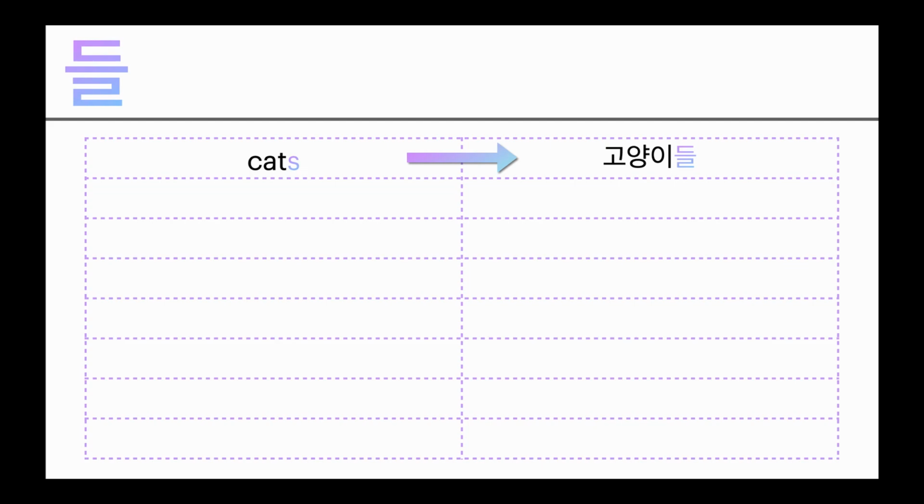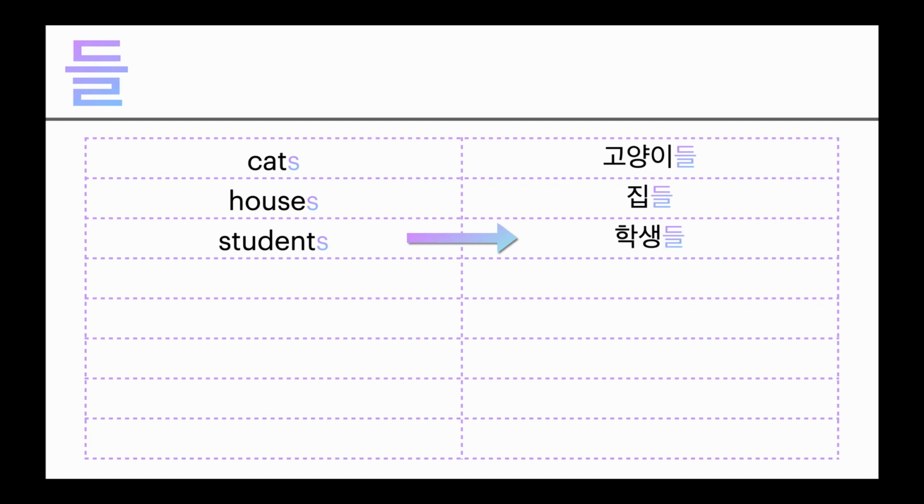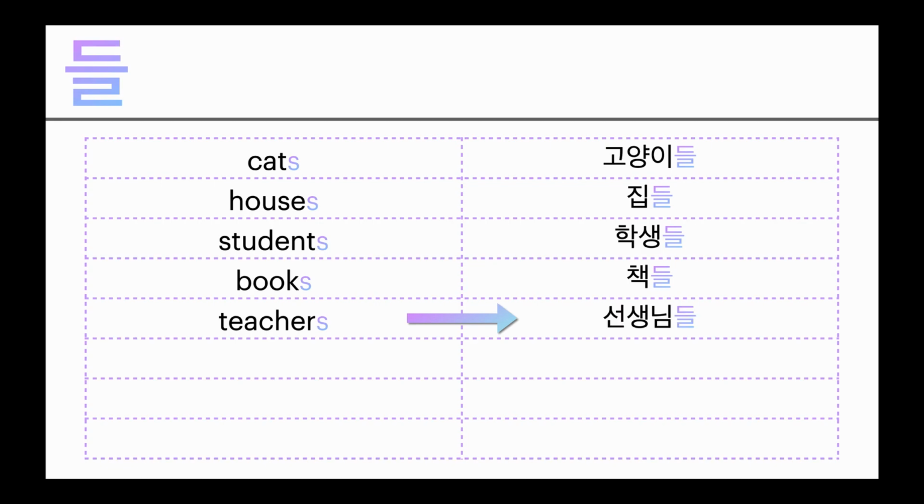고양이들. Houses. 집들. Students. 학생들. Books. 책들. Teachers. 선생님들.